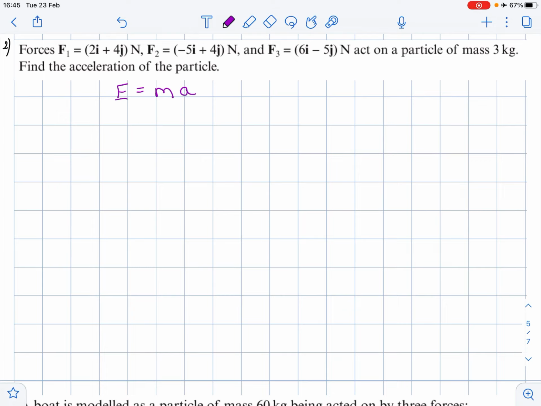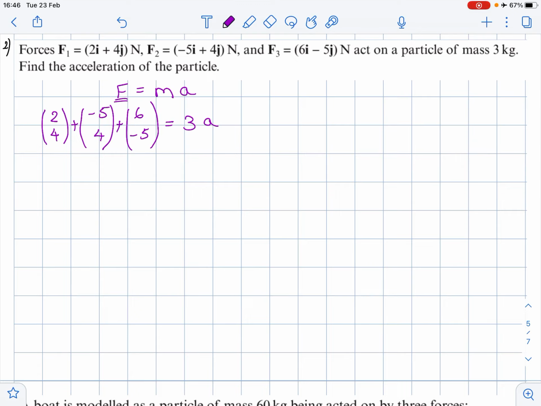To find the resultant force, we learned a few lessons ago that we need to add all the forces together. I prefer to write them out in the column method. Force 1 is (2, 4), plus force 2 which is (minus 5, 4), plus force 3 which is (6, minus 5). This equals the mass, which is 3, multiplied by the acceleration, which we want to find out.